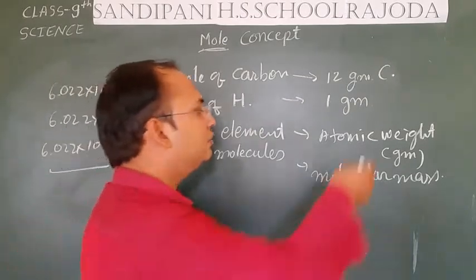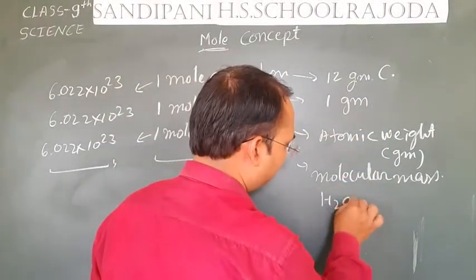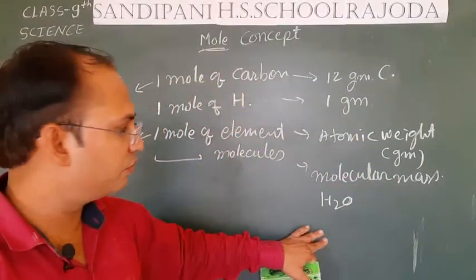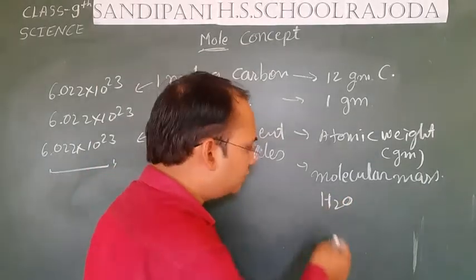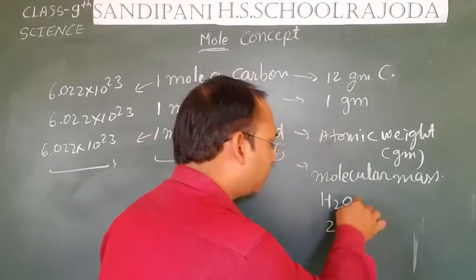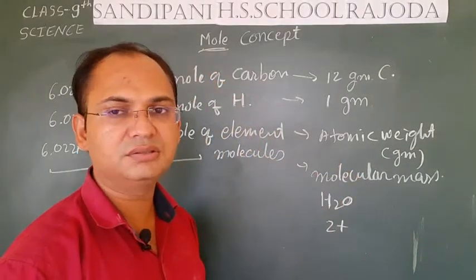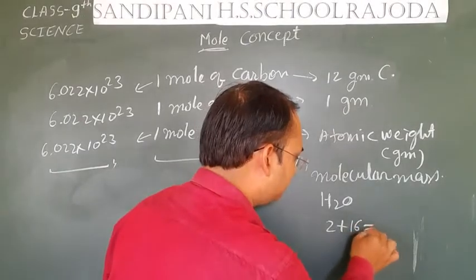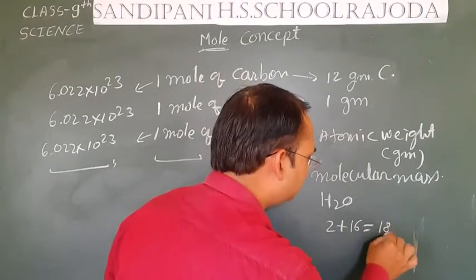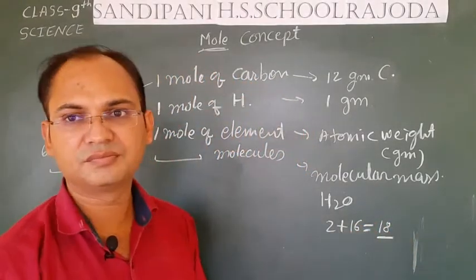For example, for the water molecule H2O, the atomic mass of hydrogen is 1 and there are 2 hydrogen atoms, so 2, and the atomic mass of oxygen is 16, and there is 1 oxygen, so it will be equal to 18.